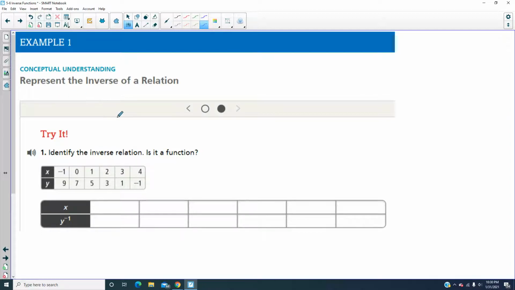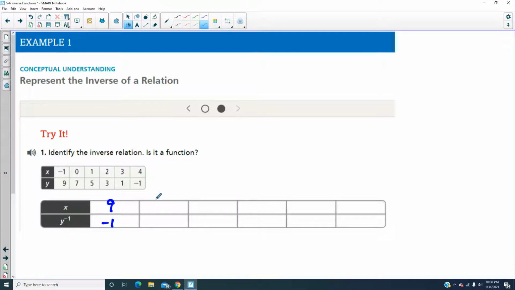So example 1 has a table. We need to identify the inverse, and then is it a function? So here's the table that gives me the original. To identify the inverse, I'm going to switch all the x's and the y's. So when the x was -1 and the y was 9, now my x will be 9 and y will be -1.